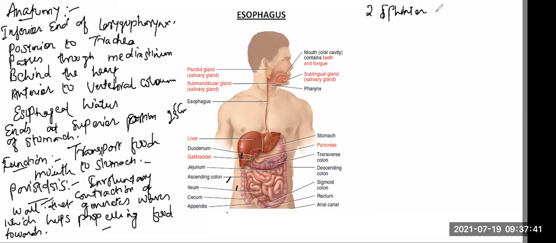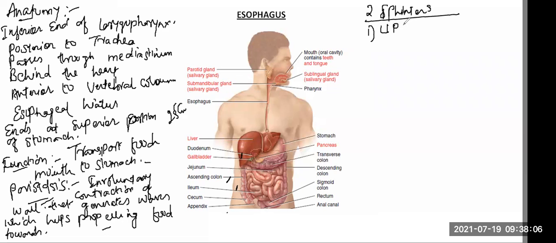The first sphincter is between the pharynx and your esophagus. We call this the upper esophageal sphincter, and it guards the movement of food from the pharynx into the esophagus.